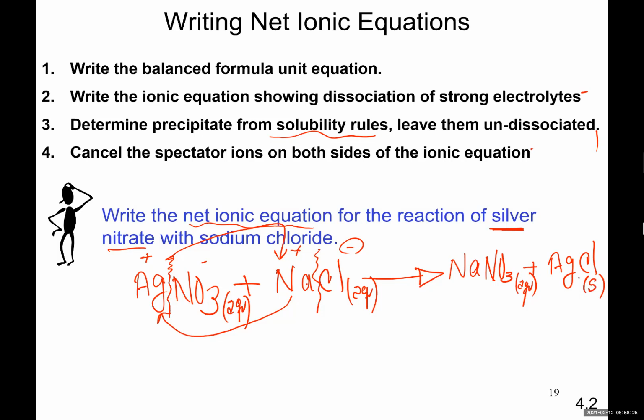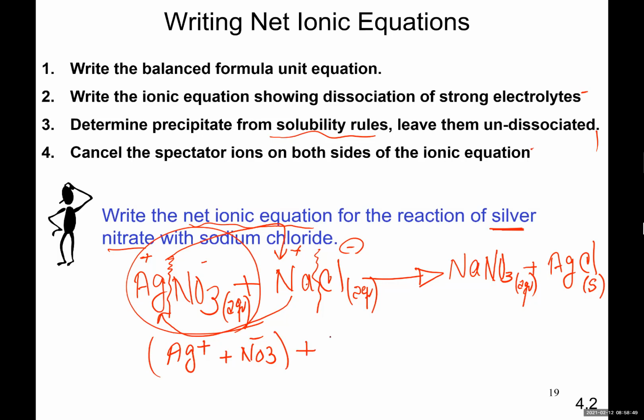All right. So now we have a chemical equation. This is using formula units. That means I haven't broken apart the ions. So because this is water soluble, I can write it as Ag plus and NO3 minus.